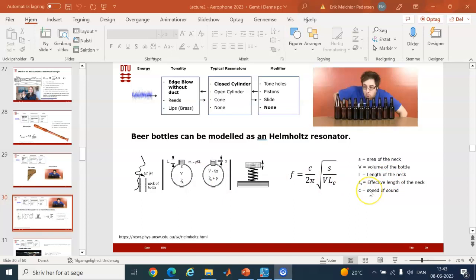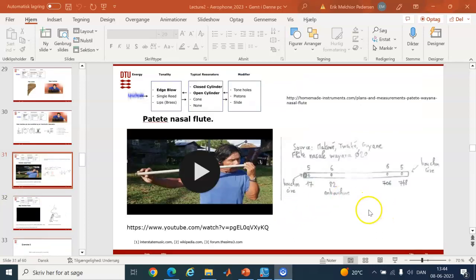And LE is the effective length of the neck, which is in the denominator in the square root. C is the speed of sound. This formula is the same as written in chapter 4 in fundamentals, where we are talking about the resonance frequency f0. Here it's called f.